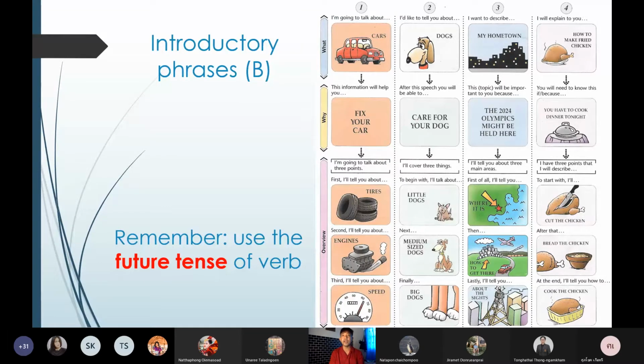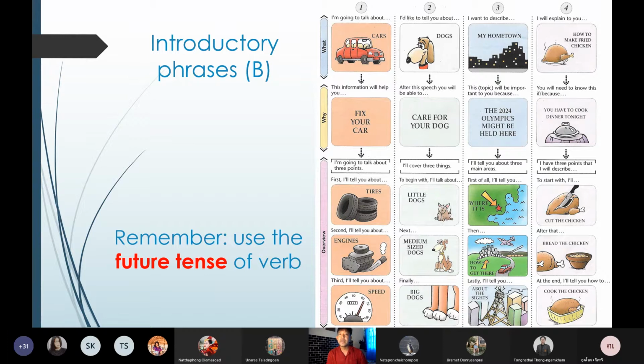Number two, go to the yellow one. Why? Why are you speaking? Why are you telling your subject, or why are you sharing your presentation? Number one, this information will help you. Or number two, after this speech, you will be able to.